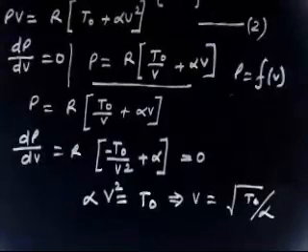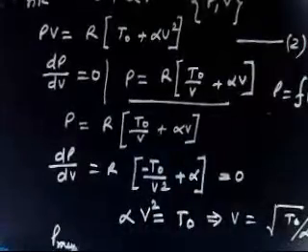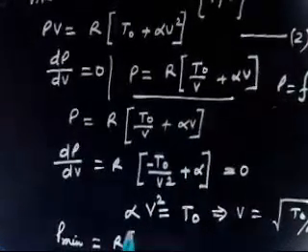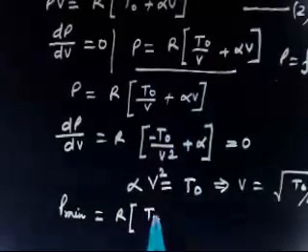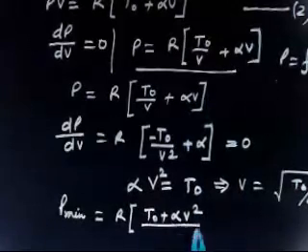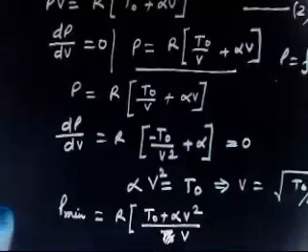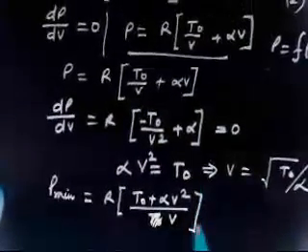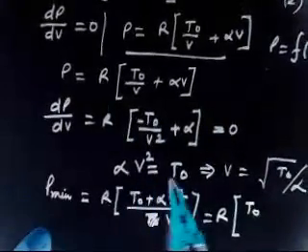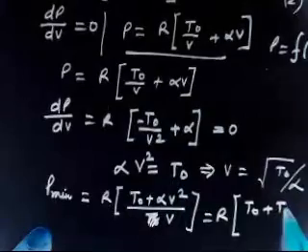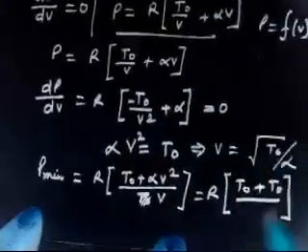Now to find the pressure, we put this value in. Pressure minimum is R times (T naught by V plus alpha V), which is T naught plus alpha V squared, divided by V. So this is R times 2 T naught, since alpha V squared is T naught, divided by V, and V is the square root of T naught by alpha.